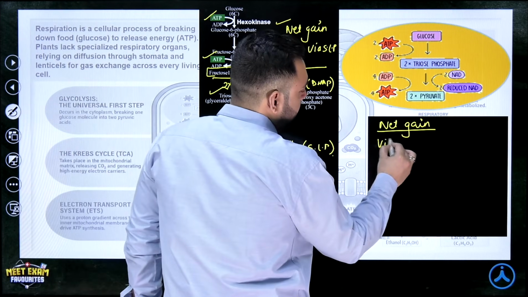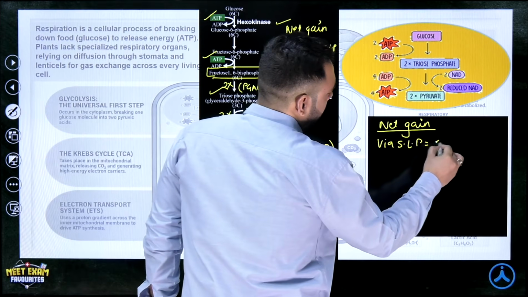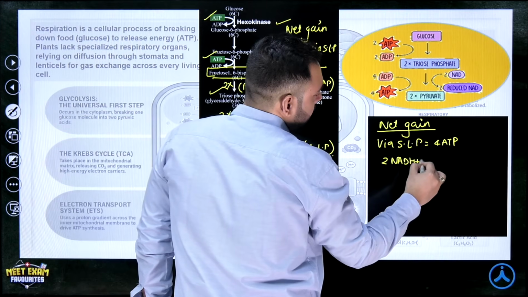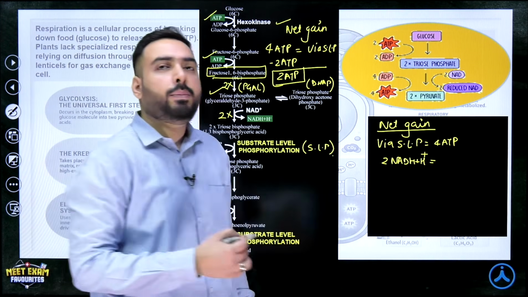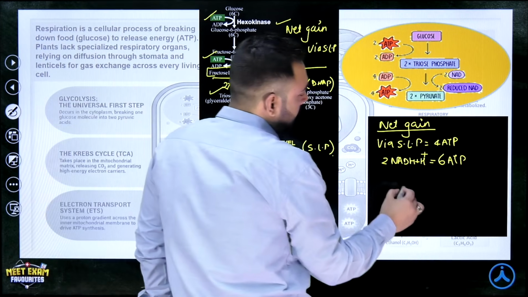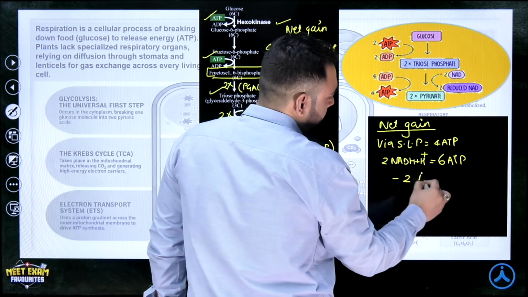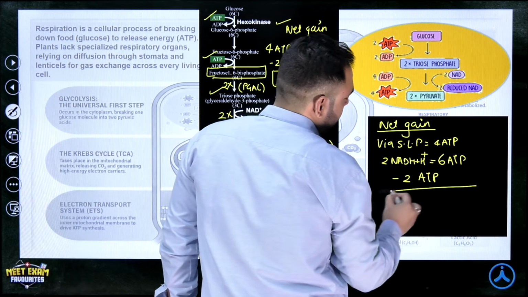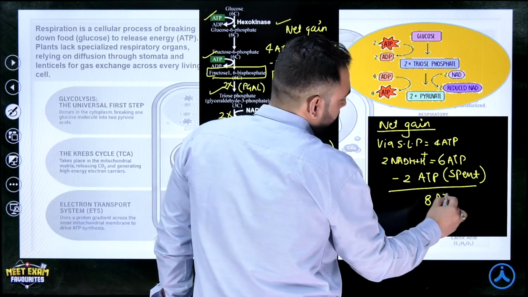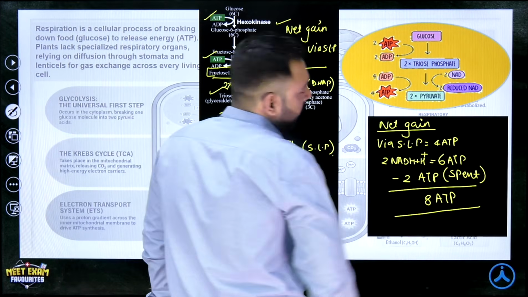We will get 4 ATP via SLP, followed by 2 NADH that are formed. Each NADH is going to give 3 ATP, so they will be converted into 6 ATP in total, subtracted by the 2 ATP that are spent, and we get a total gain of 8 ATP.